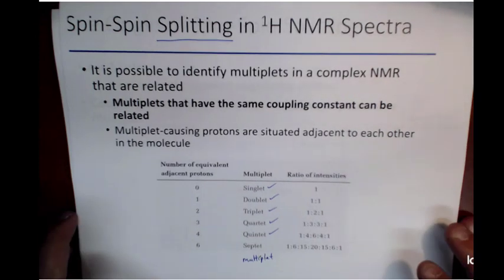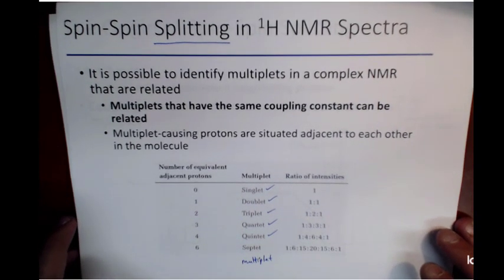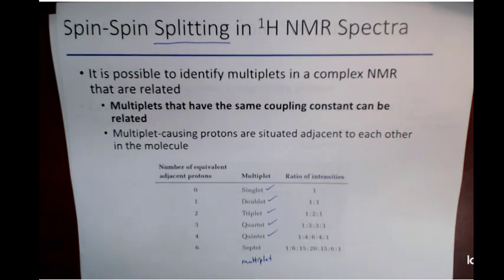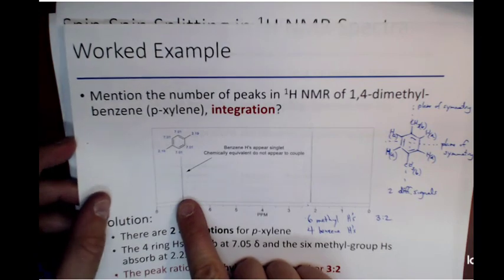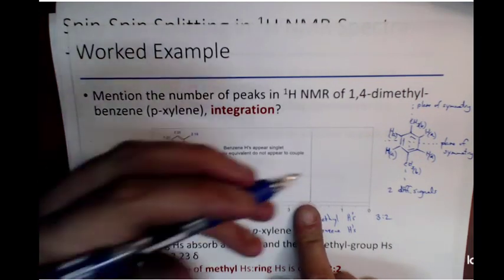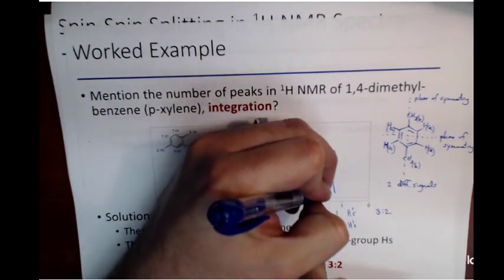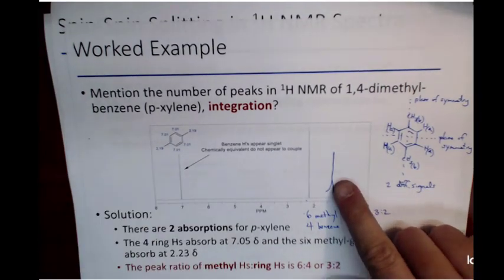All right. Also, something else that you need to get familiar with seeing in your proton NMR spectra is what's called splitting, spin-spin splitting. And so we've seen previously that the peaks we have here look like lone solitary peaks, right? And we call those singlets. It's one peak.